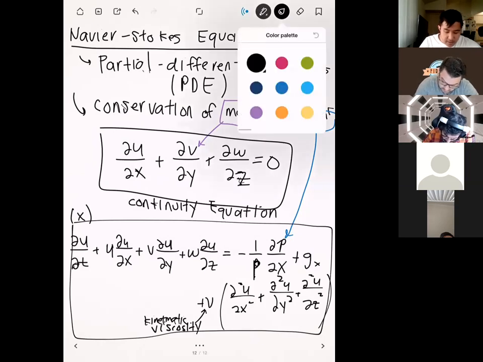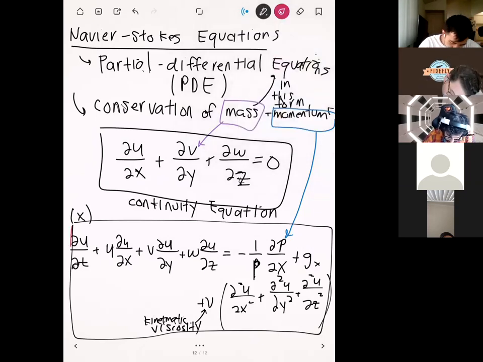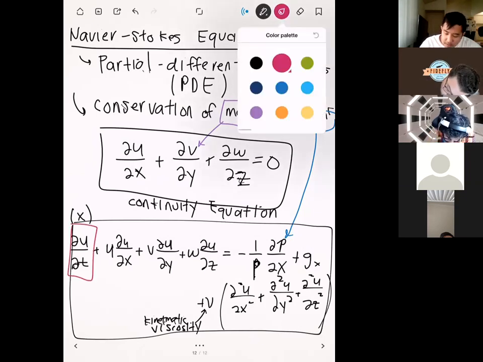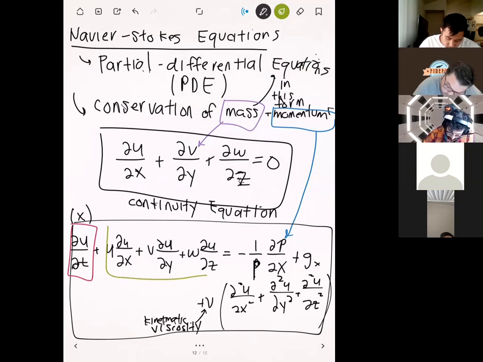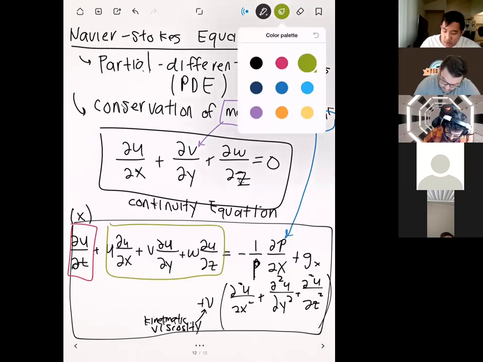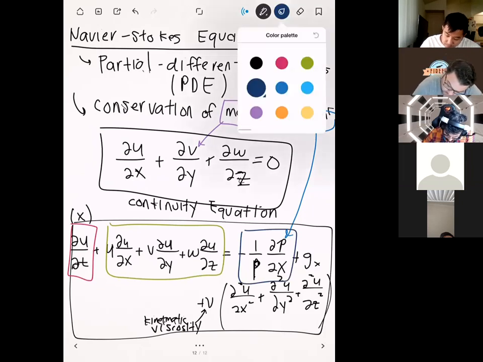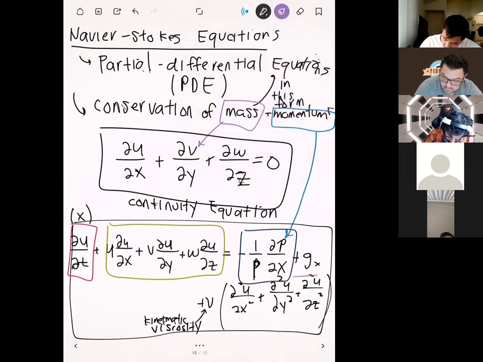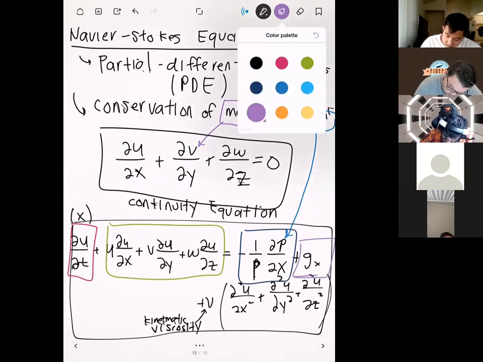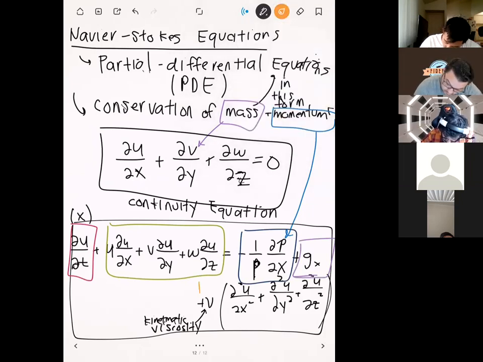Since we didn't derive this equation, I'm going to explain what each of the terms represents. The way I'm going to do that is I'm going to box the terms in different colors, and on the next page we'll explain what each of the colors represents.